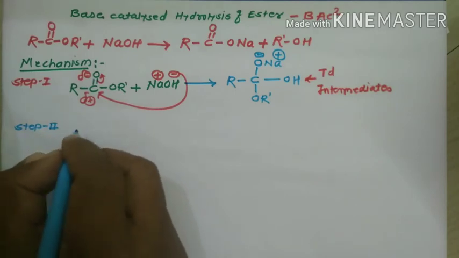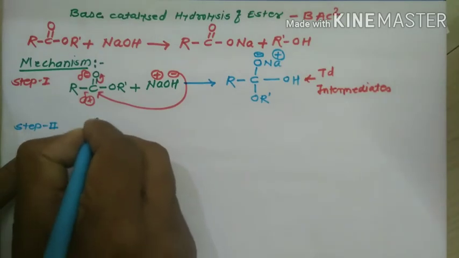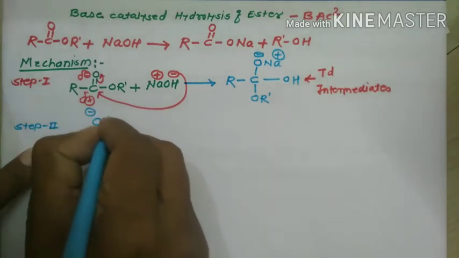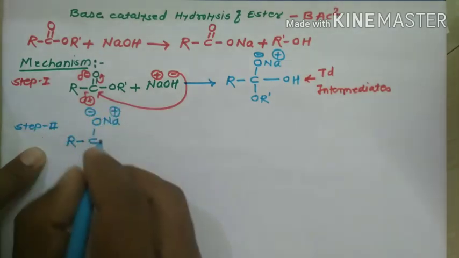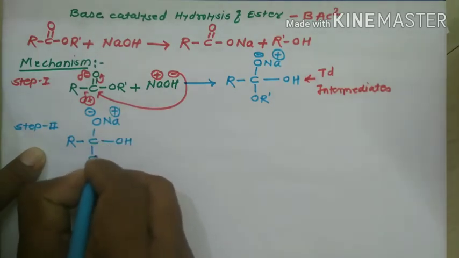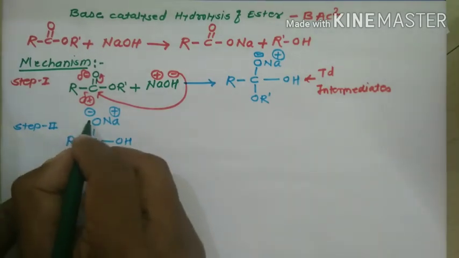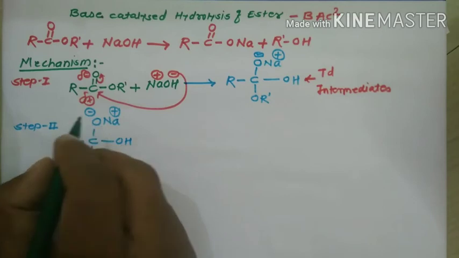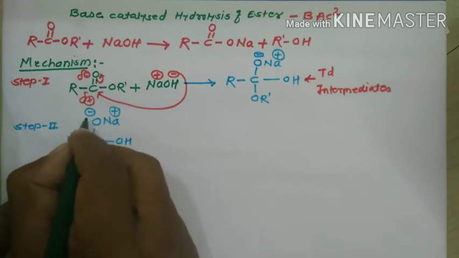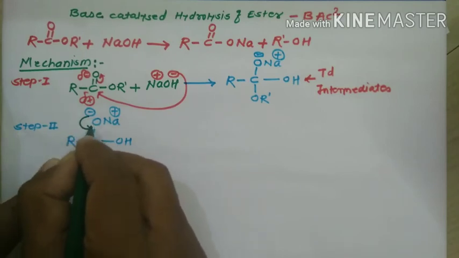The tetrahedral intermediate, R-C-O minus ion, Na plus ion, OH, OR. In this, the oxygen containing a negative charge acts as an internal nucleophile and coordinates its non-bonded pair of electrons with the carbon atom to form a single to double bond.